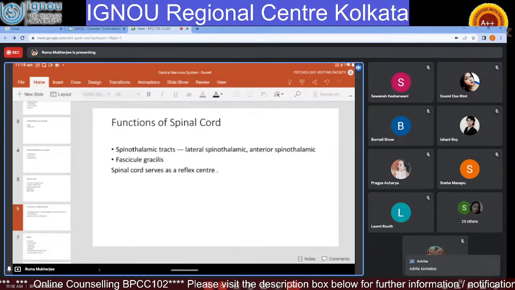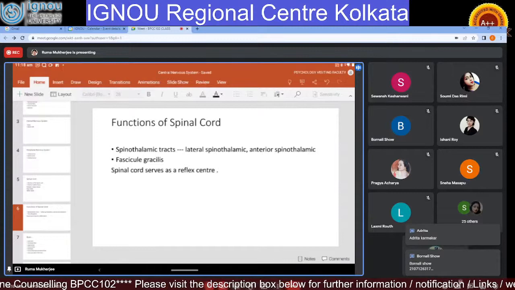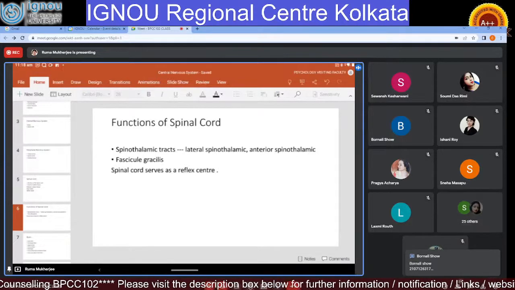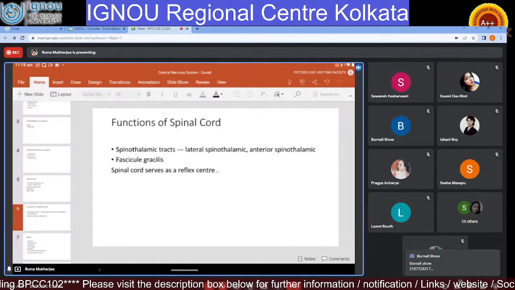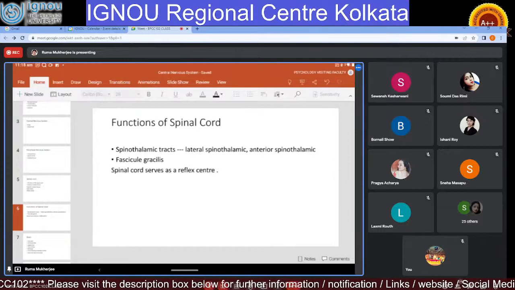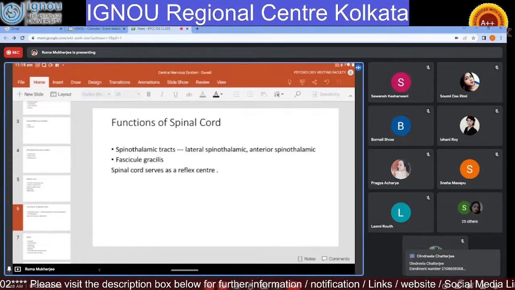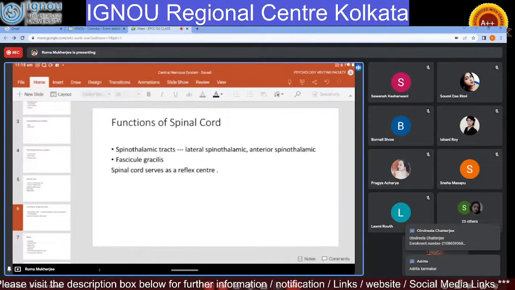Fasciculus gracilis is involved in only touch and conscious kinesthesia. Now, what do you mean by kinesthesia? Kinesthesia is the awareness of the position and movement of the parts of the body by means of sensory organs in the muscles and joints.